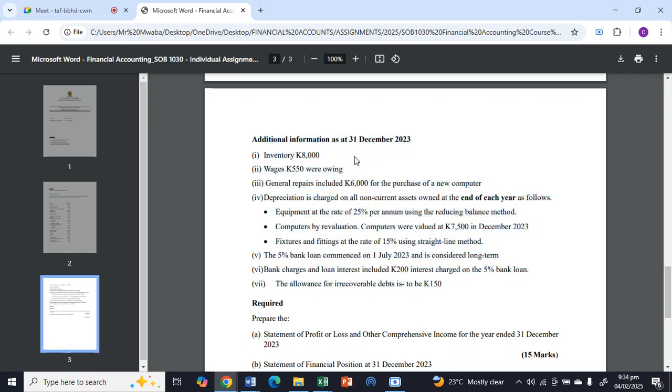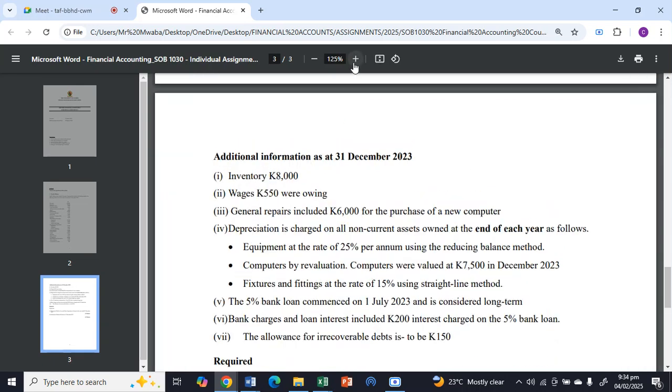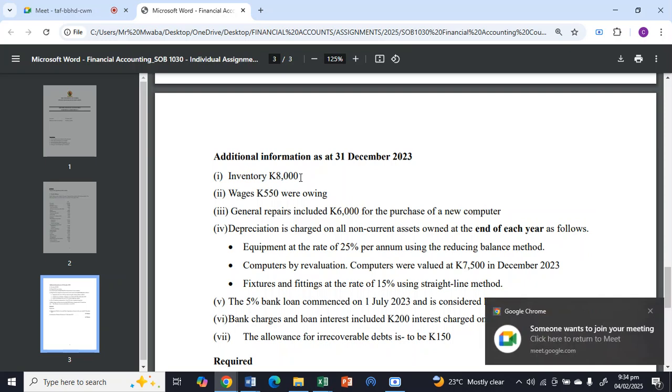So the first here, this inventory of 8,000. This is our closing inventory. The inventory you find in the additional information, that's your closing inventory.